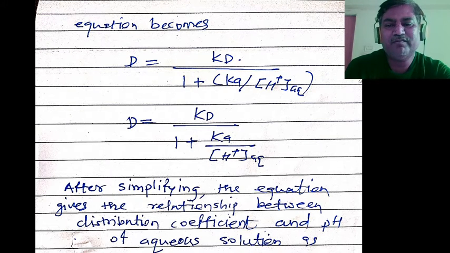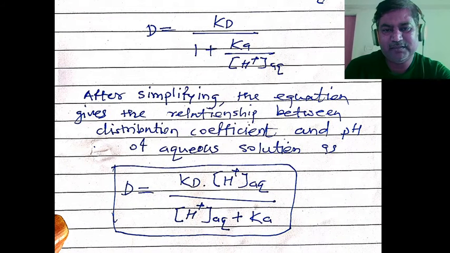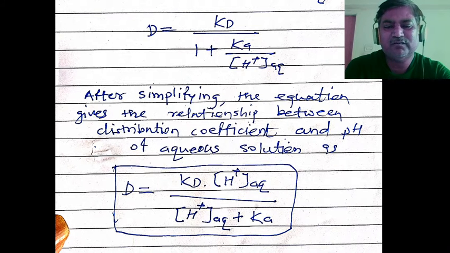So simplifying this equation, the final relationship is D is equal to Kd upon 1 plus Ka upon H plus ions in aqueous phase. By simplifying this further, we get the final equation: D is equal to Kd into H plus ions concentration in aqueous phase divided by H plus ions concentration in aqueous phase plus the dissociation constant.